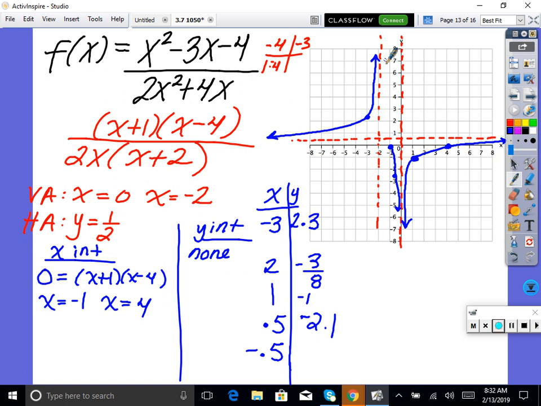Anyone else? Negative 0.5? Yes. So here's 0. I went over 0.5 down 2. And so now I got to do negative 0.5. 1.5. Oh, I like that. Okay, so we're over at 0.5 up 1.5.